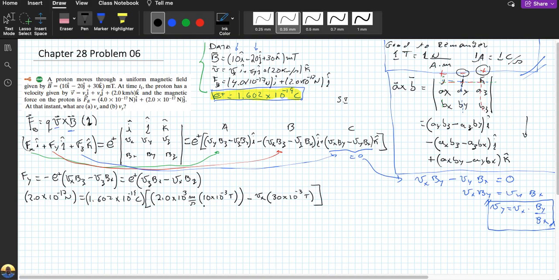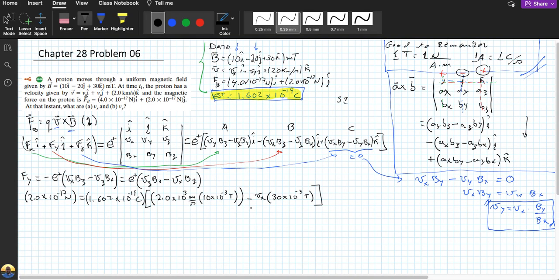Okay? So now it's just multiplications and Vx. You remember 1 tesla means 1 newton per ampere meter. So your 1 ampere is 1 coulomb per second. So it's going to be coulomb on the base here in the denominator. So if you apply all these units here, you're going to see that you're going to have only meters per second.